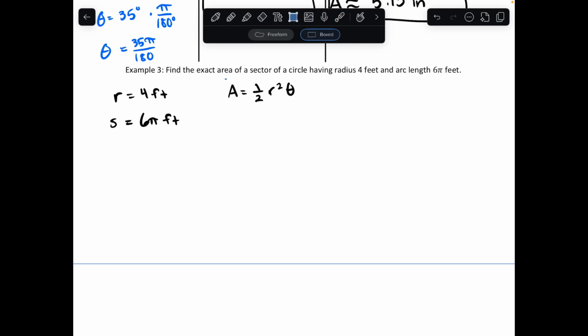So let's go ahead and move this to the side. Now, our equation for arc length is S equals r times theta. And so now we get to think, all right, can I find theta from this? Well, I know what S is, right? It's 6 pi feet. And I know what r is. It's 4 feet. So the only thing that I don't know is theta. Therefore, I can actually solve for it. I can get theta equals S divided by r. So let's go ahead and do that.